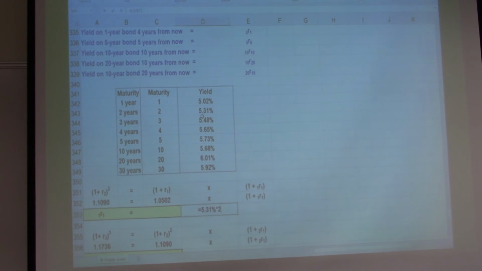So in 2 years, that's all. And you subtract your first year's 5.02%, you will get somewhere close. But the exact way is you do that exactly.